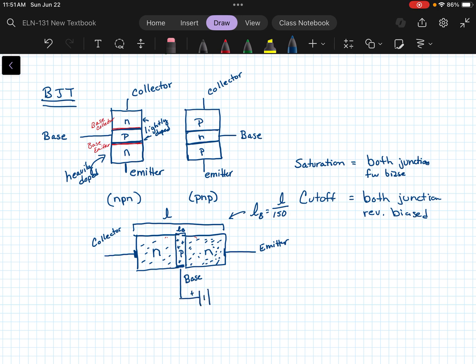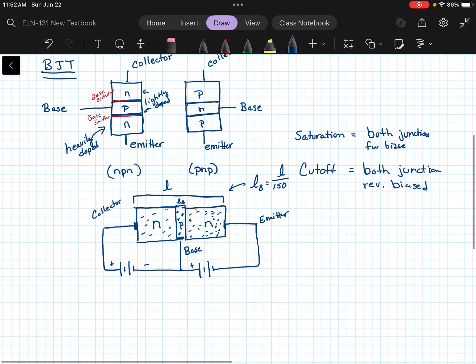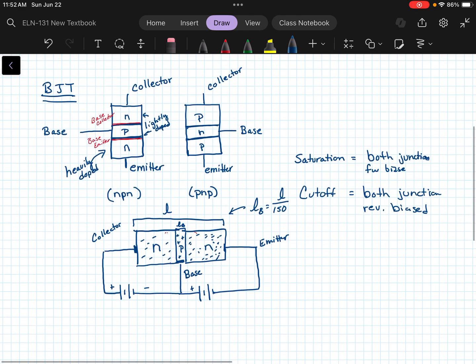So the positive side goes to the base and the negative side to the emitter, and we reverse bias the collector to the base. Now this is a slightly different configuration than what you're going to see going forward, but I just want to discuss what happens here.